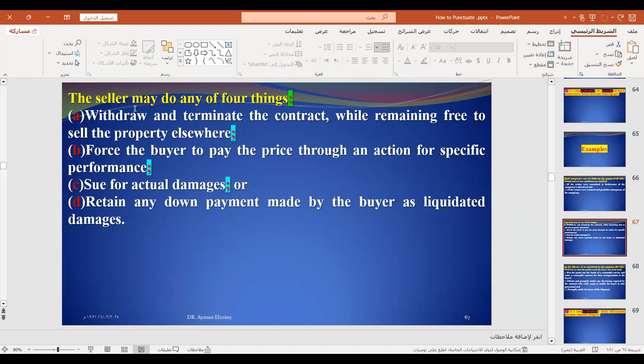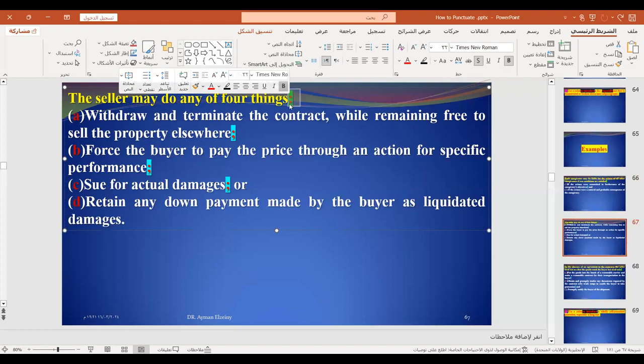Before the list of things, we have to put a colon. The first case: withdraw and terminate the contract while remaining free to sell the property elsewhere.